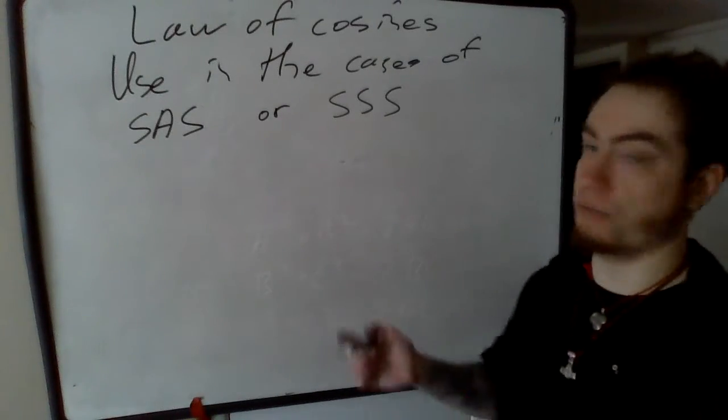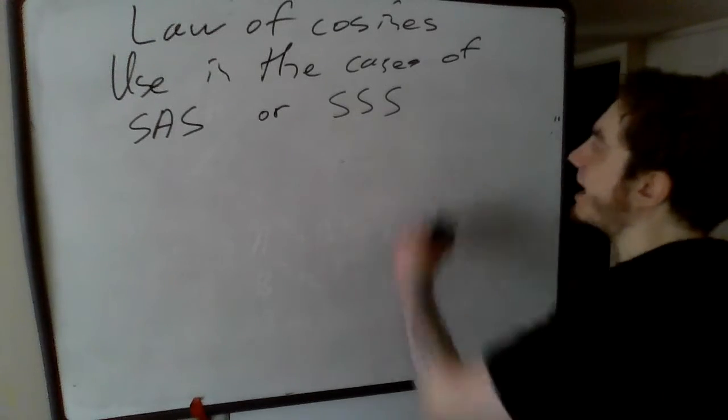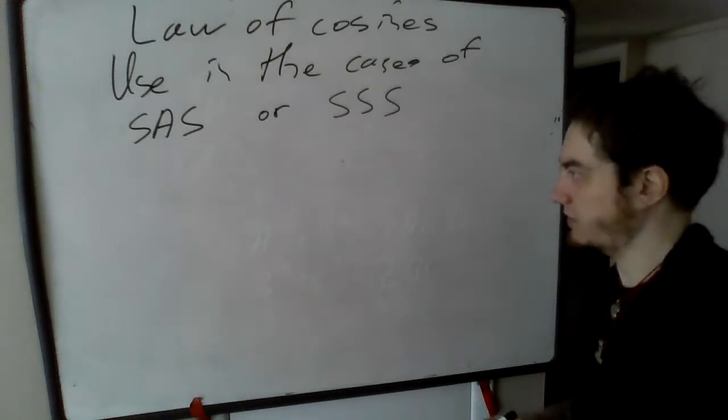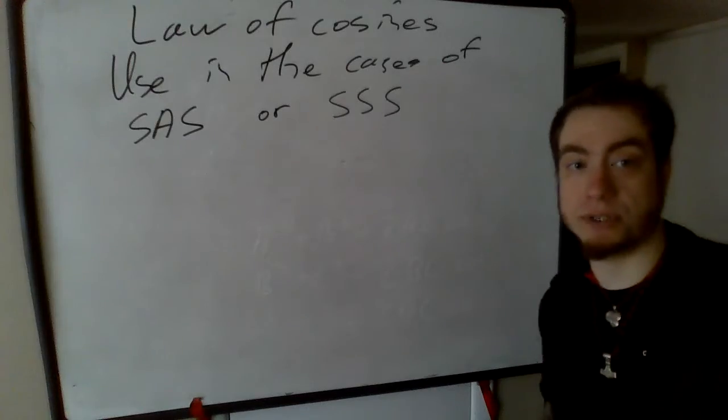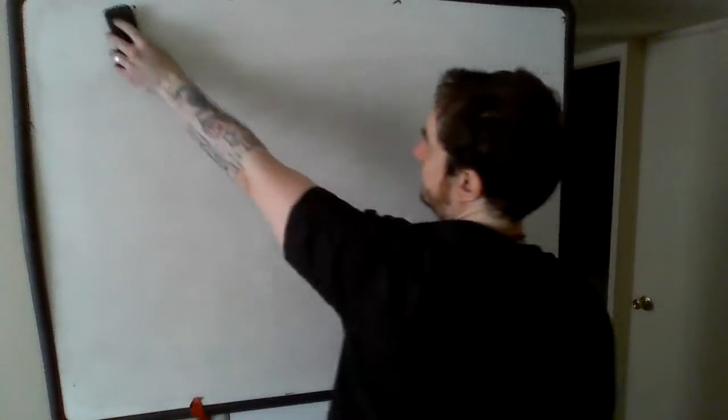Let's suppose, first of all, that we want to deal with... I'm actually going to start off with a side, side, side example here, just because I feel like doing that one first. So let's suppose that I give you a triangle. I want the whole board for this because it might take me a bit of space.